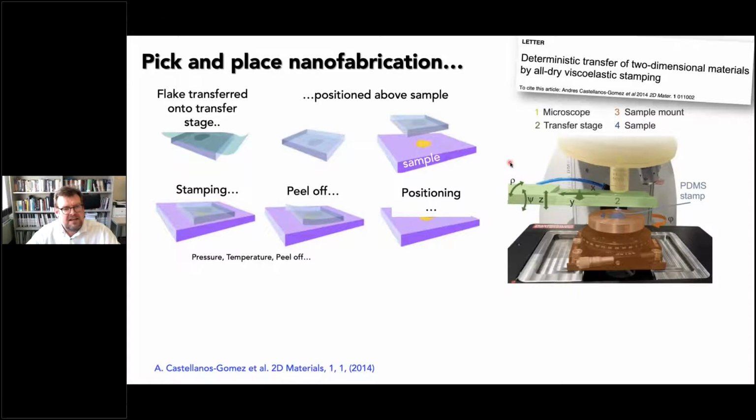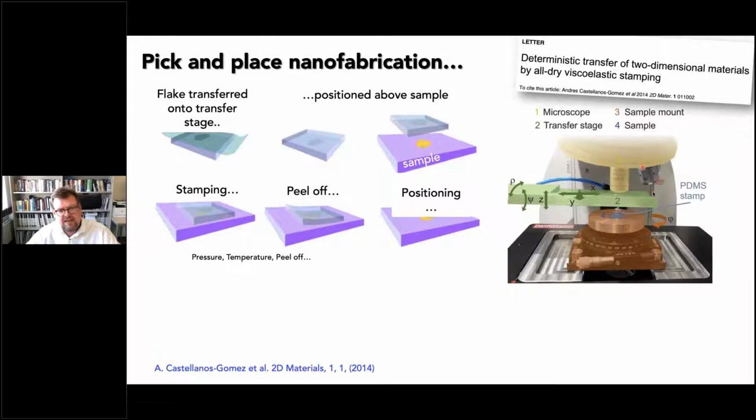Well, this is in a way the reason why so many people have started working in this particular field. You can basically buy yourself a flake from many suppliers around the world of dubious quality, and you can, using the sticky tape method, exfoliate from the surface a few layers of a particular material and position it on a substrate that you like.